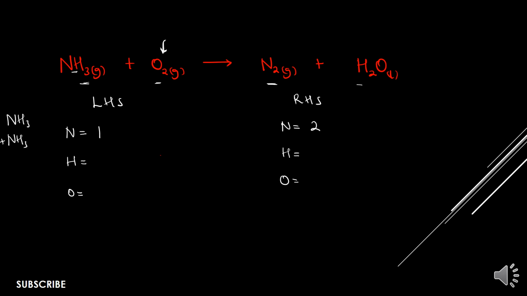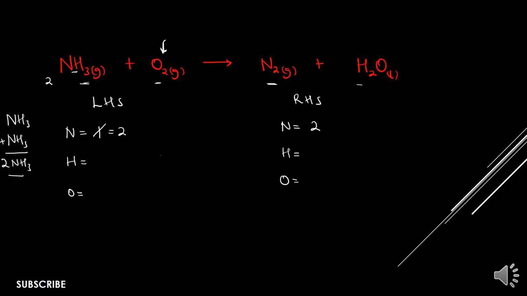So we must have at least 2 ammonia molecules so that our nitrogen is balanced. So we shall put an invisible 2 with our pencil in front of ammonia. So at this point our nitrogen will now be equal to 2. So 2 is equal to 2, nitrogen will be balanced.